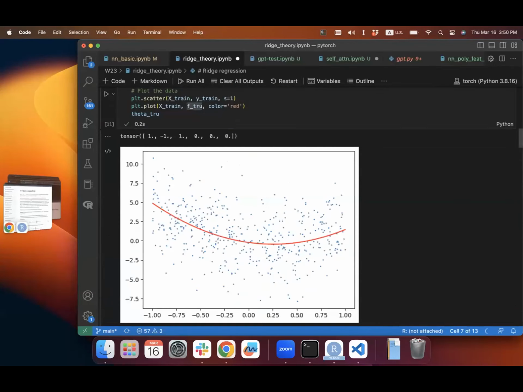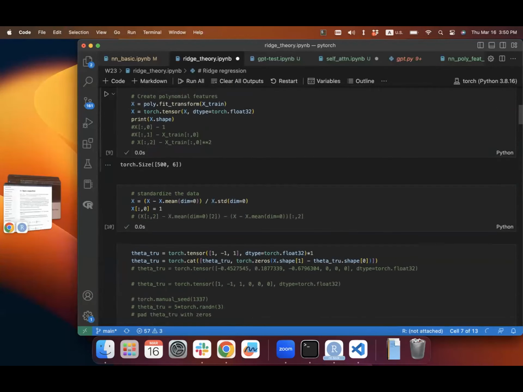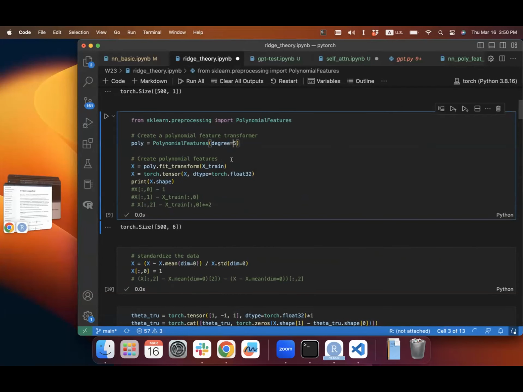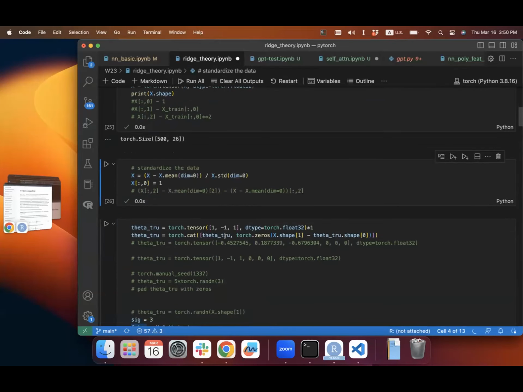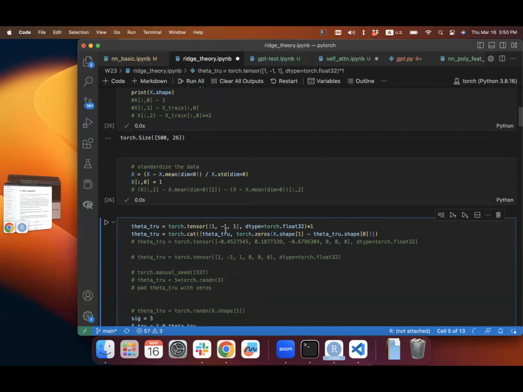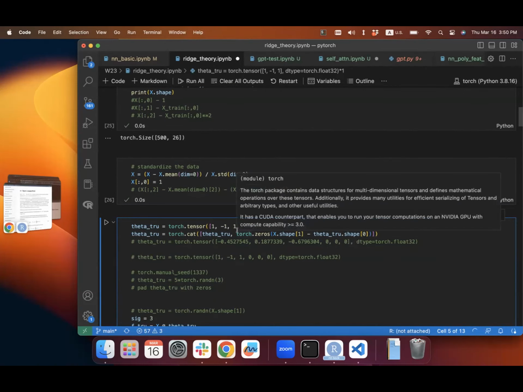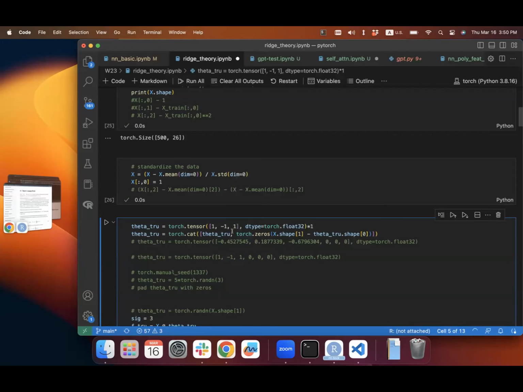It might become a little more clear if I do degree 25. So I'm going to use all the monomial bases, 1, x, x squared, x to the third, up to x to the 25. So you get 26 of them. Still, I'm going to use the first three basis functions, the quadratic part, to make the true one.